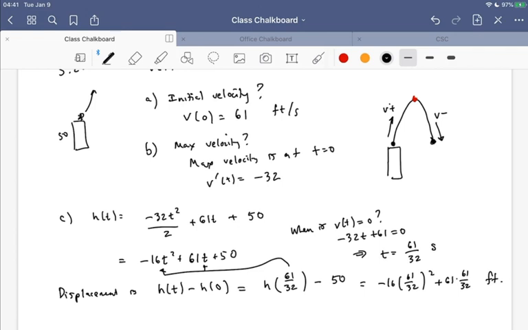Okay, now, part E is slightly a trick question. When is the displacement 0? There's actually two answers for that. Okay, what's the obvious answer for when the displacement is 0?